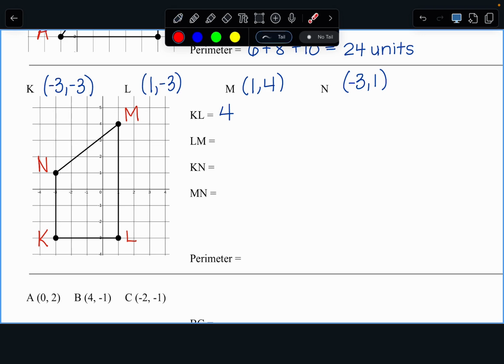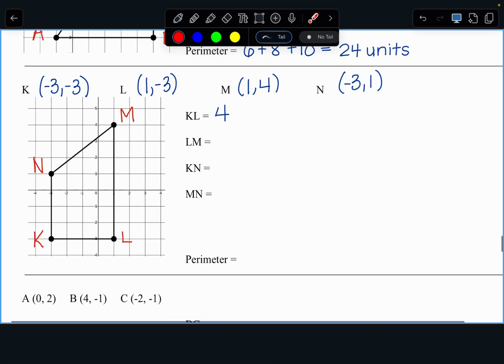L to M, because that's vertical, you can count the blocks again. 1, 2, 3, 4, 5, 6, 7. K to N, again, vertical, just count the blocks. 1, 2, 3, 4.